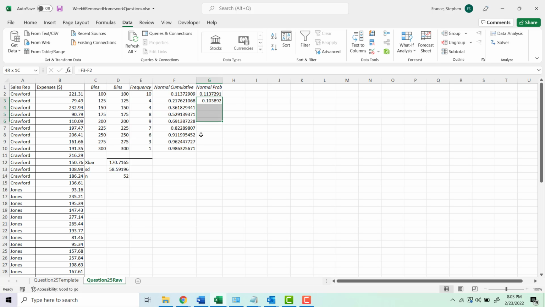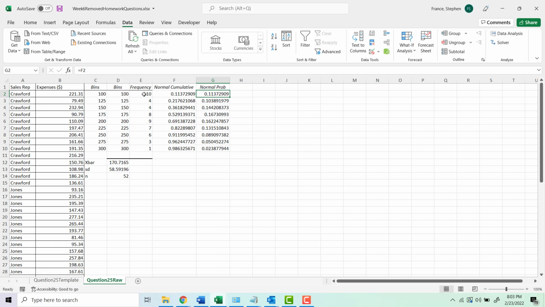And then we're going to drag it all the way down, Control D, and we have these different probabilities here. This is what we'd expect if it was normal, but at the moment it's a proportion.